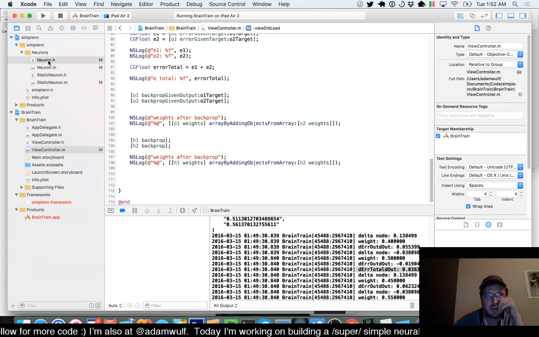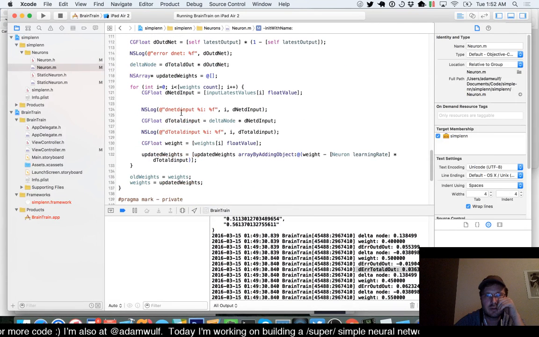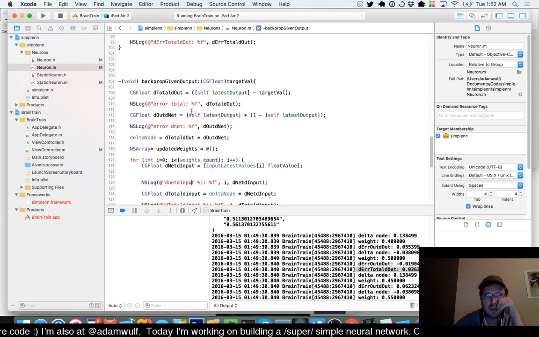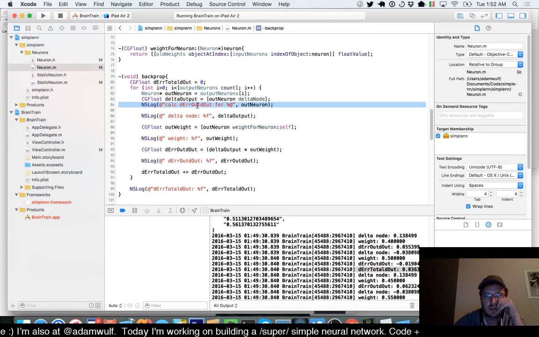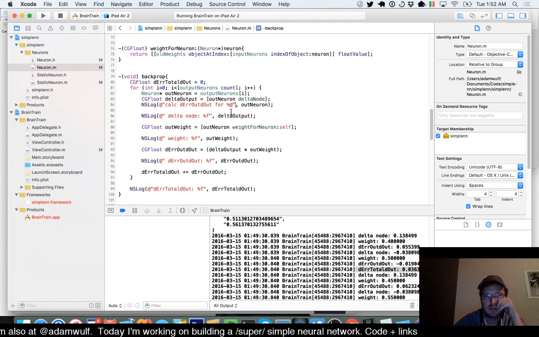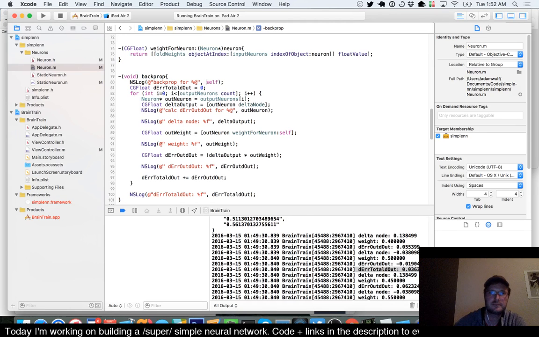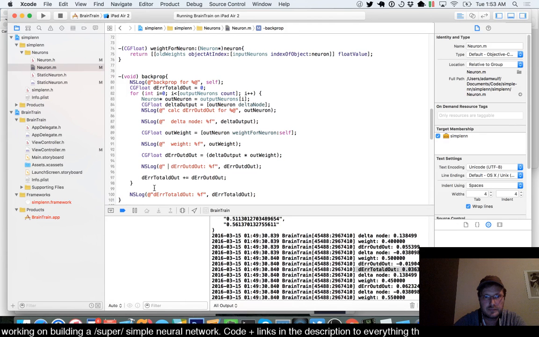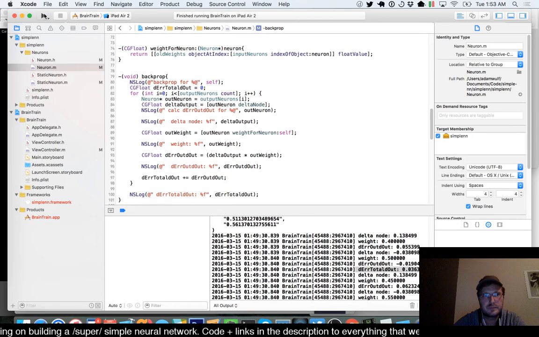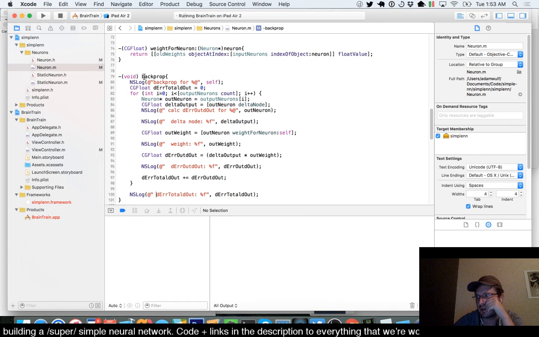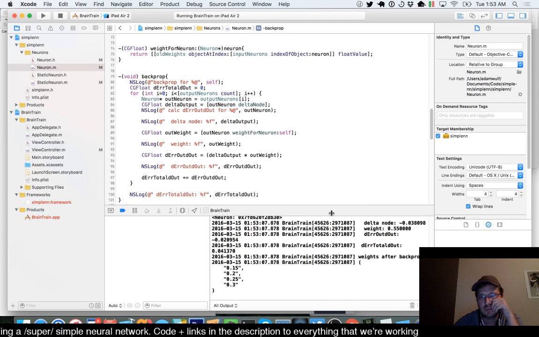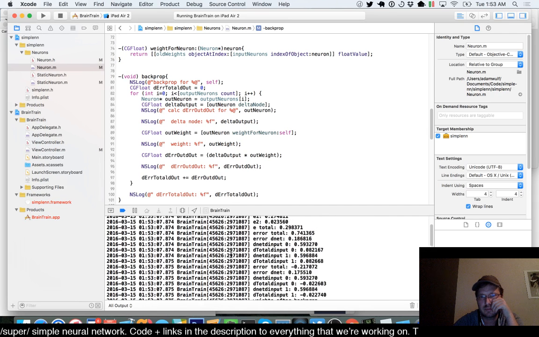And now inside of our neuron class, we can start talking about what neuron we're actually dealing with. For this, right? This I like. This will be better, right?